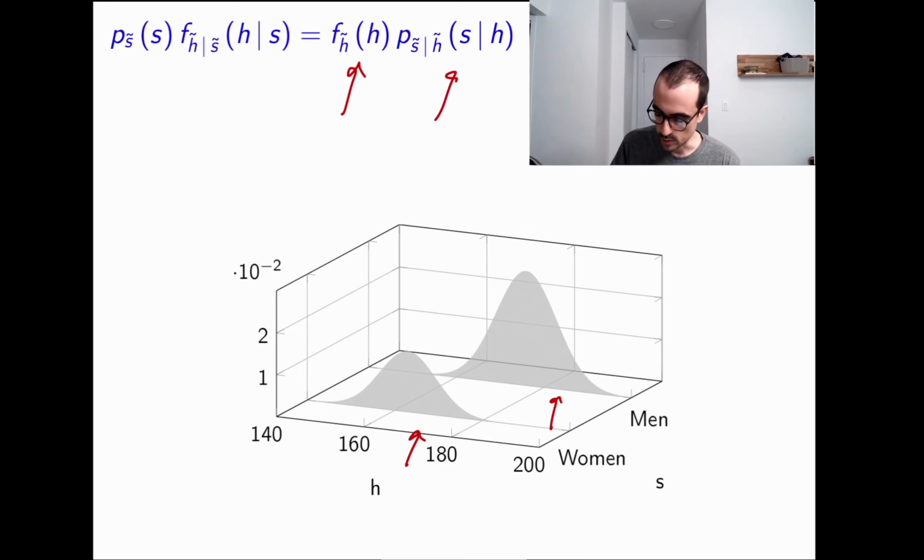Okay, and what we want to do is say, we observe, for example, that the height is 160, so we will go here and say, maybe these are the 2 points. I'm making it up, right? I'm not really good at visualizing things in 3D, but let's say that those are the 2 points. We're going to see what is essentially the fraction between them. We're going to divide by this to see how much higher, for example, this point is than this point, or vice versa. This is what we're doing when we're applying the chain rule to compute this from these quantities.